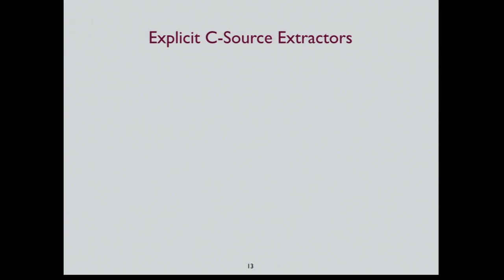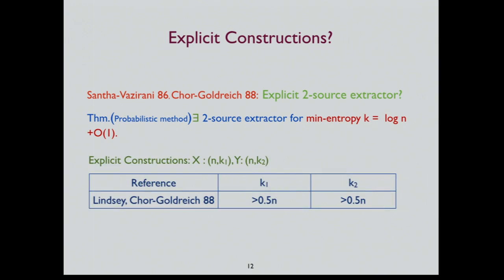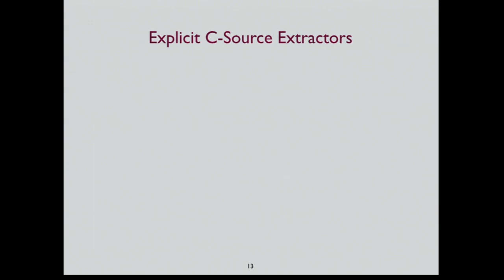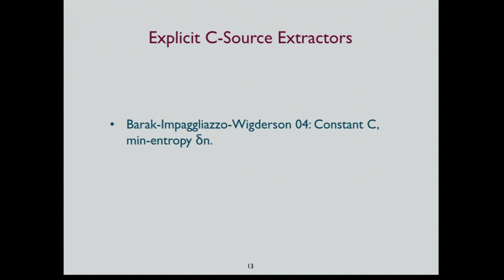But then actually, because of the lack of success here in coming close to this logarithmic lower bound, people looked at extracting from more sources. So Barak, Impagliazzo, and Wigderson showed how to use a constant number of sources to extract from any linear min entropy. And then Rao showed actually min entropy even n to some small power is enough.